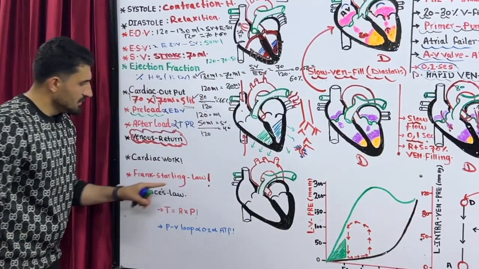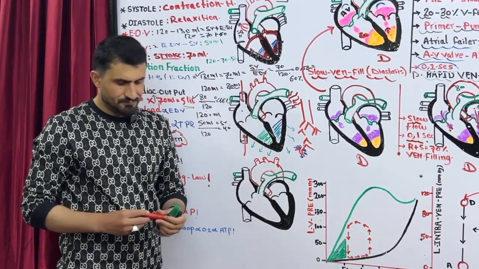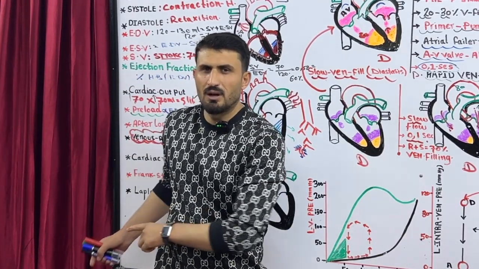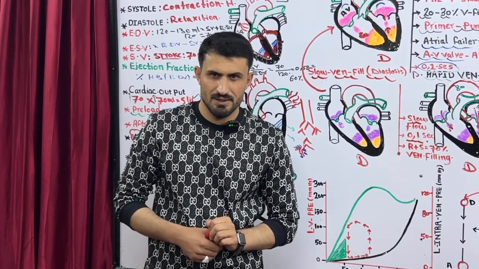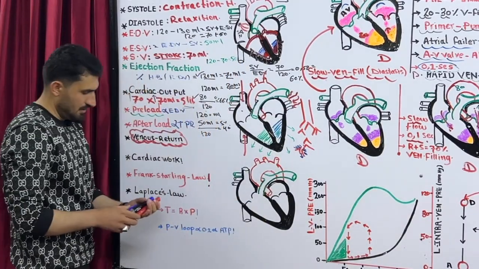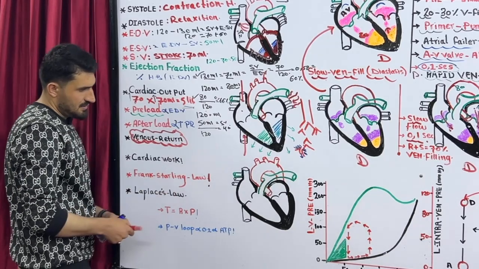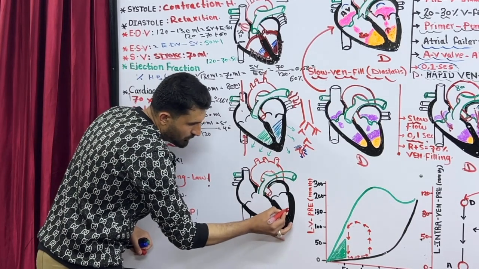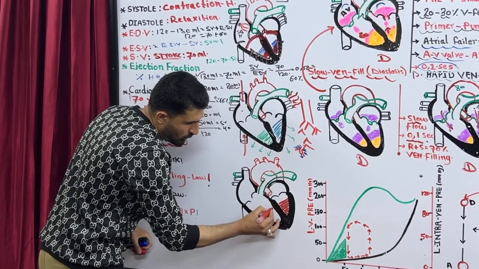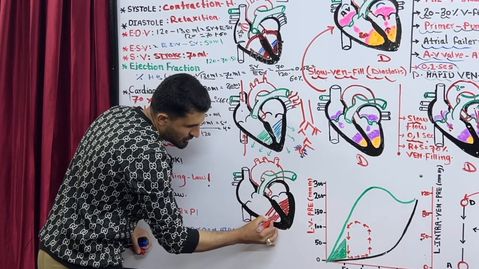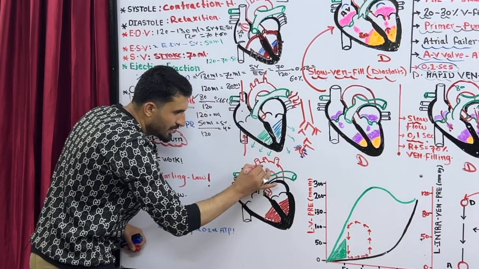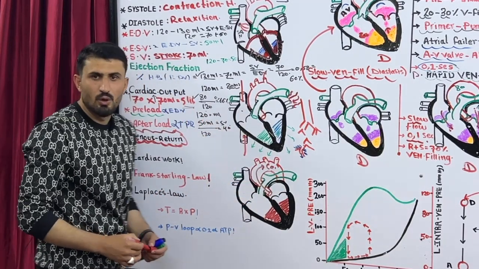Okay, this gentleman, and this law of this gentleman tells us that this is a heart. It tells us that the more you put blood volume or end diastolic volume, the more you will get cardiac output or stroke volume.